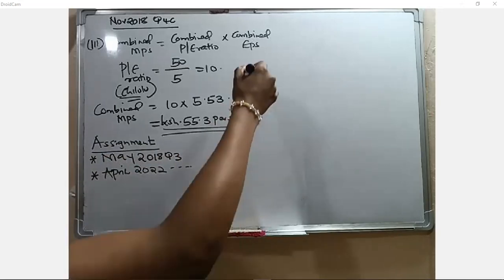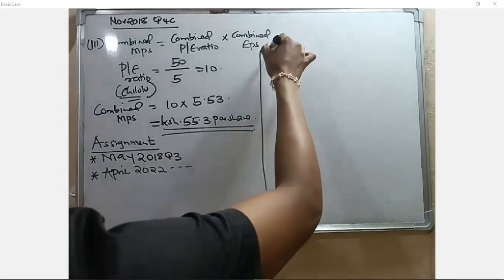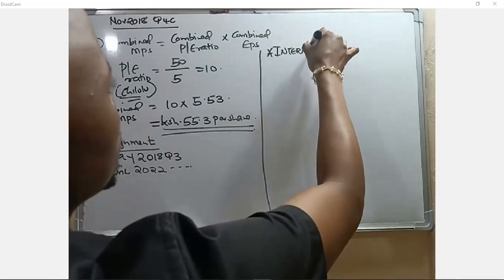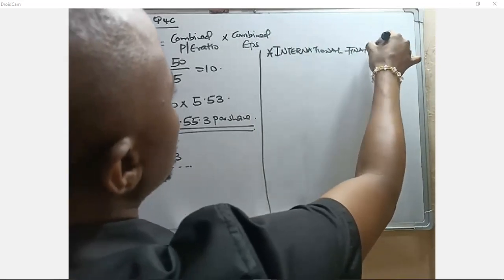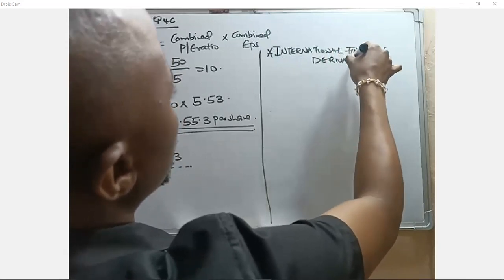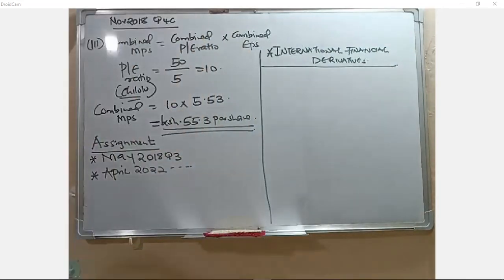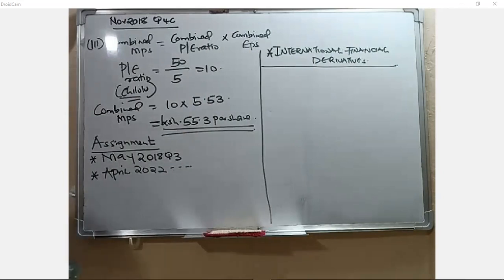The other thing we are going to be doing, which is our last topic that I will do next week, is international financial derivatives. Don't miss your classes. They will be the last classes you have next week as I complete by showing you the simplest way of interpreting international financial derivatives.